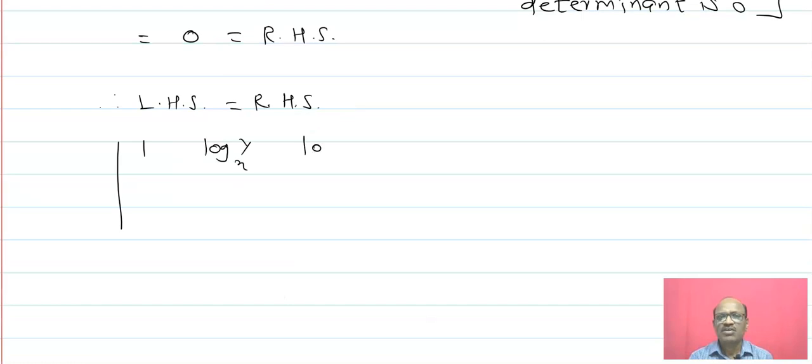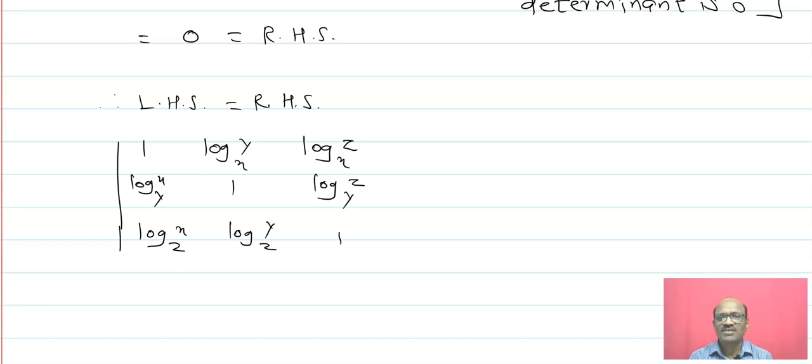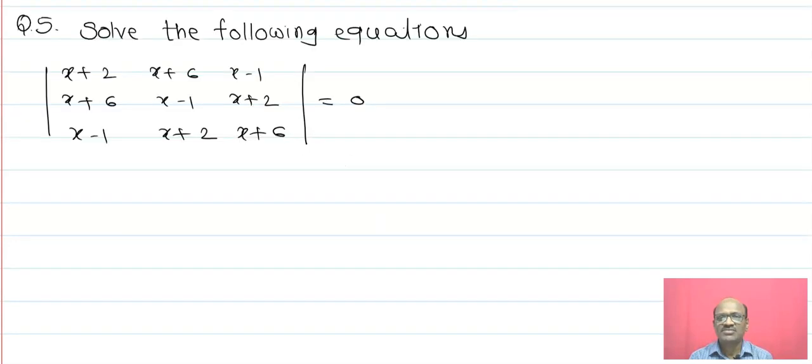Therefore, the determinant with rows 1, log of y to the base x, log of z to the base x; log of x to the base y, 1, log of z to the base y; and last, log of x to the base z, log of y to the base z, and 1, is equal to 0.